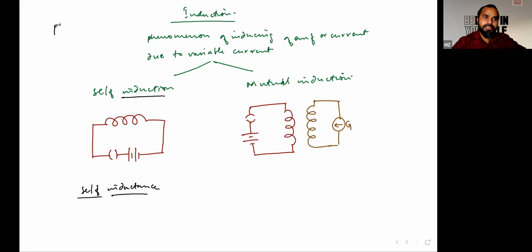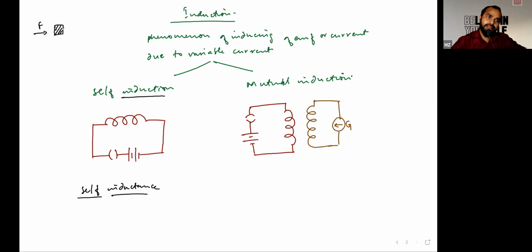Likewise, you must have learned in class 11th, for a body having mass, if you apply a force over it, there is a tendency of this body to oppose the external force so as to continue its own state. This property is called inertia.